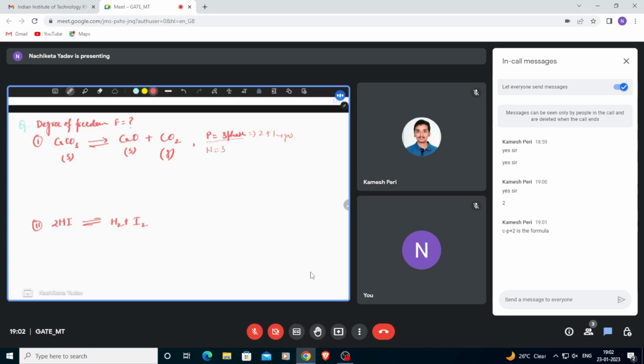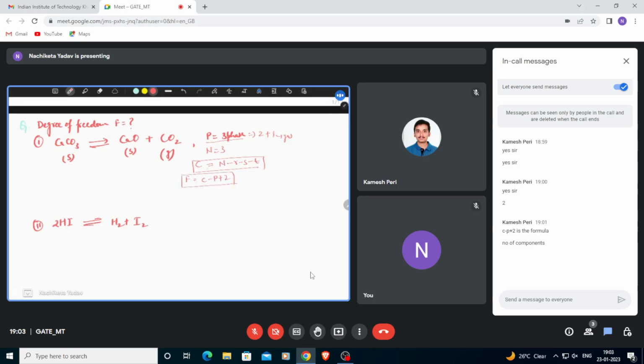And we know C equals N minus R minus S minus T, and F equals C minus P plus 2. We know this equation.